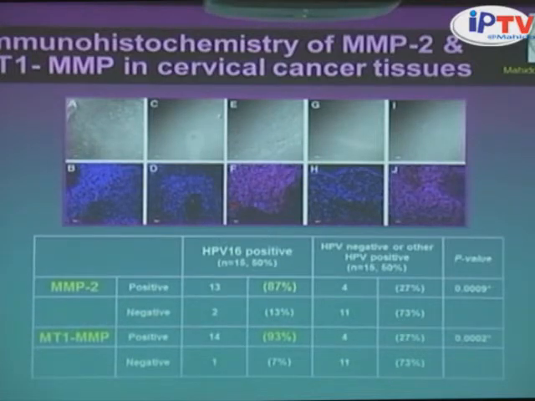From this data, we conclude that the invasiveness of cervical cancer is correlated well with the expression of MMP2 and MT1 proteins, and this might be due to the HPV oncoproteins produced by type 16.